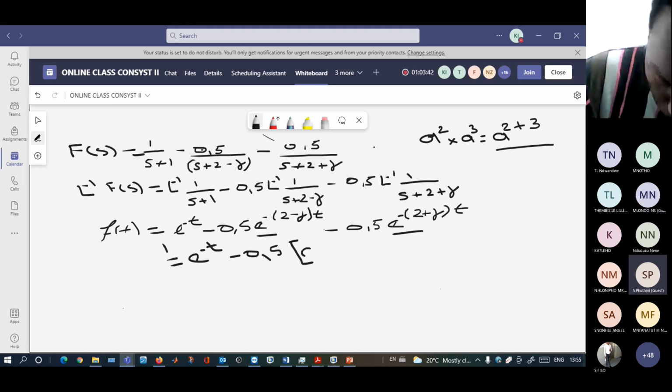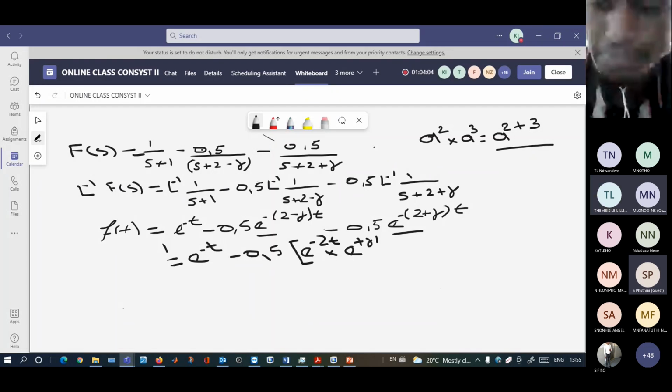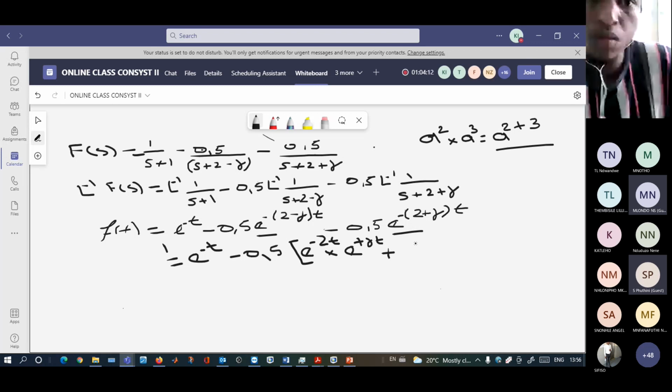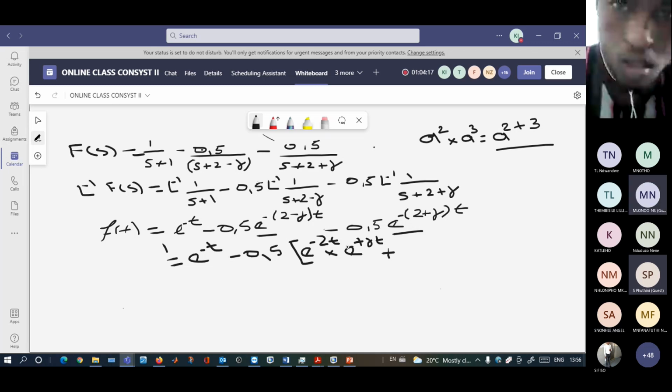We're gonna have e exponential minus 2t, times e positive exponential t plus j2, jt. Then plus, the minus is already there.